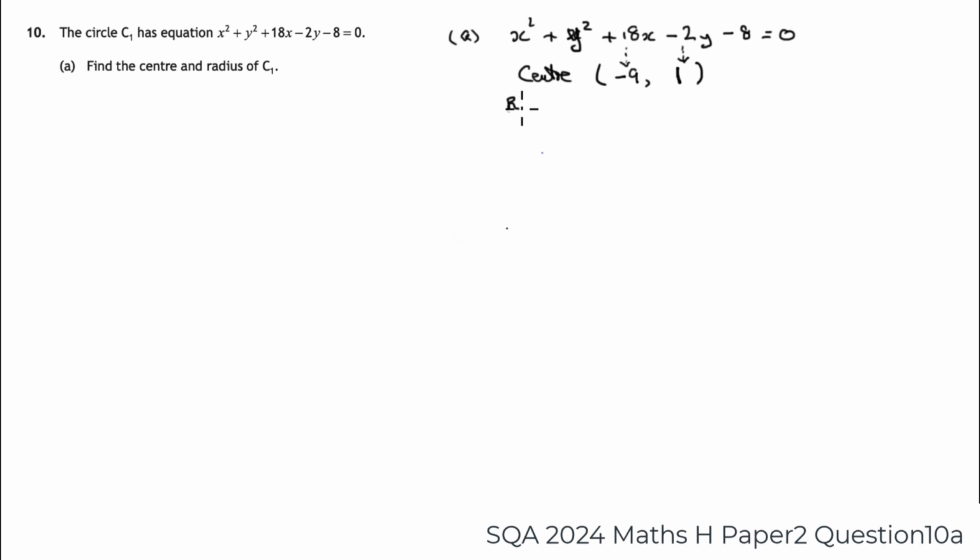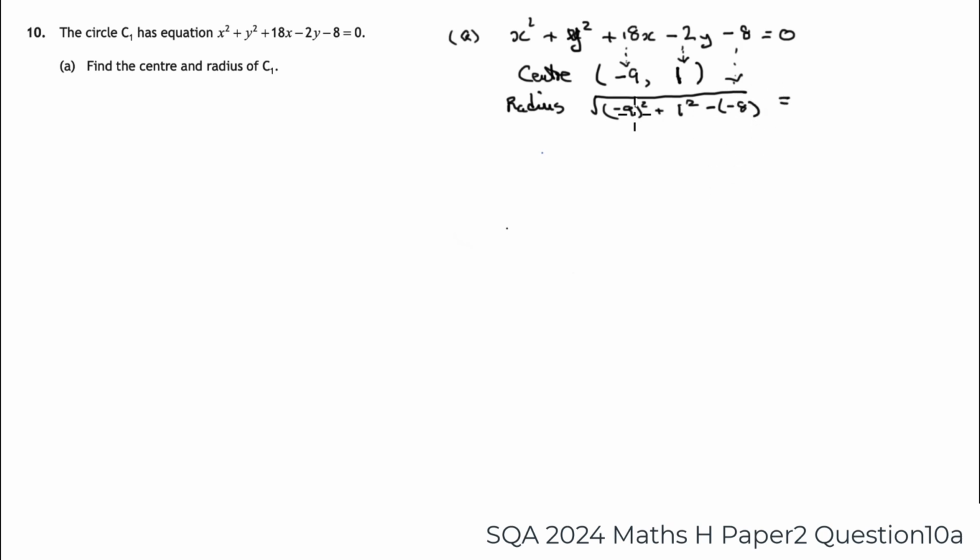And once we've got these coordinates, the radius is then easily obtained by squaring the x coordinate, squaring the y coordinate, and taking away the constant at the end.